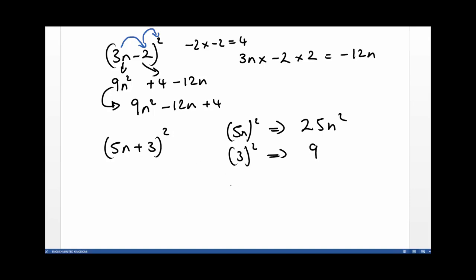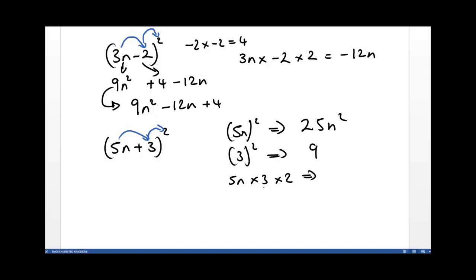Then we're going to do 5n times 3 times 2. That's going to give me 5n times 3, which is 15n.